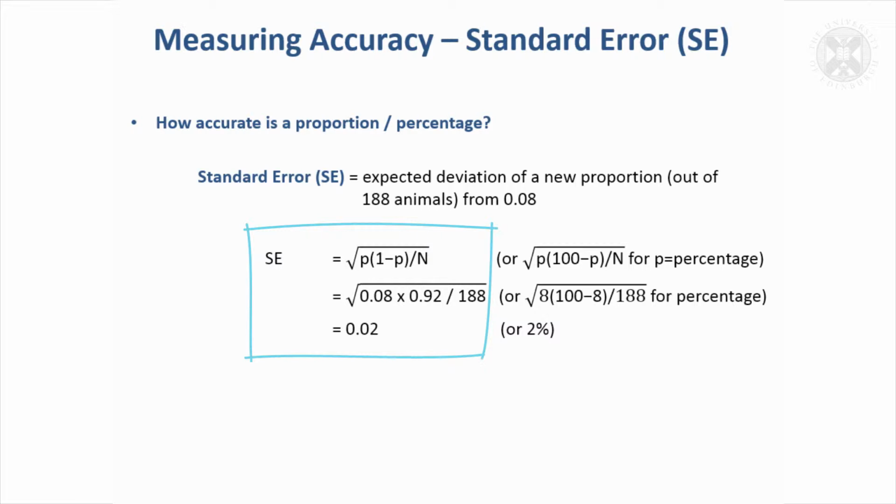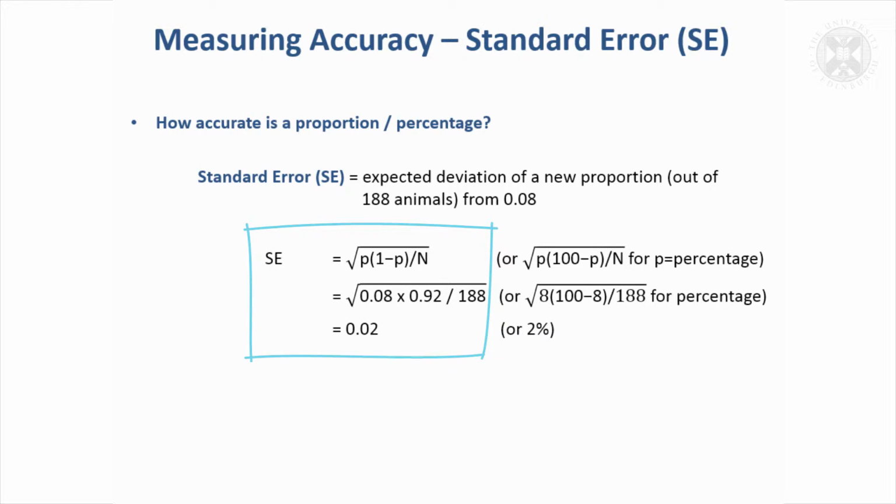And if we do that for the proportion of diseased calves, we had 0.08 calves were diseased, so we multiply it by 1 minus 0.08, 0.92, divide by 188, which was our sample size, total number of calves, and take the square root. We end up with a standard error of 0.02.